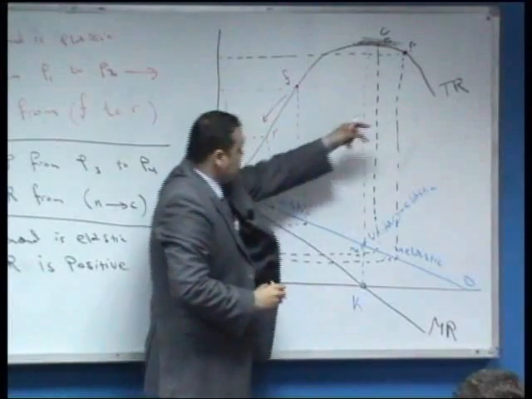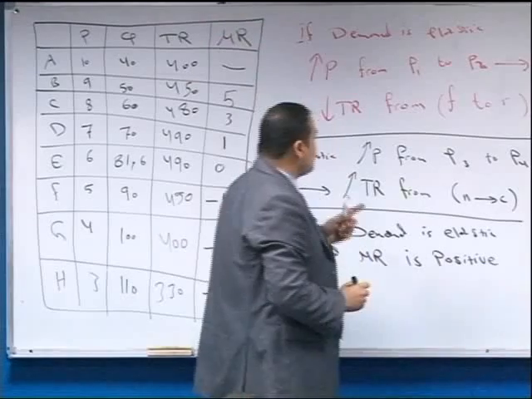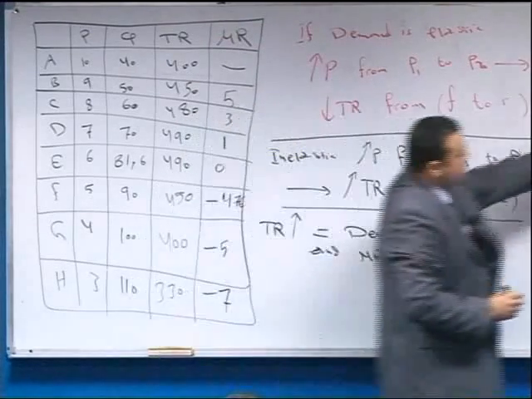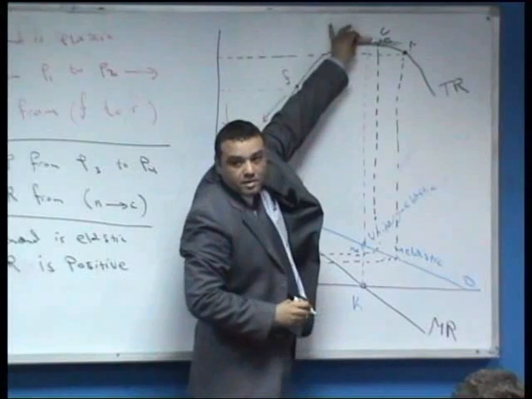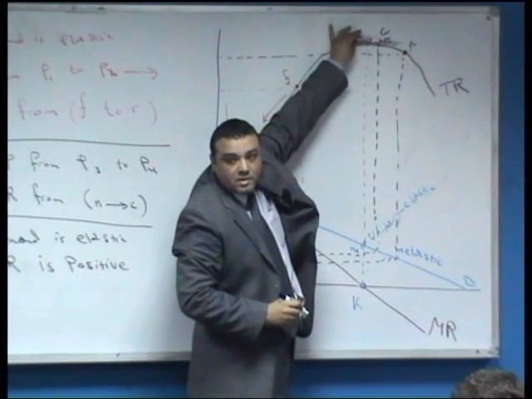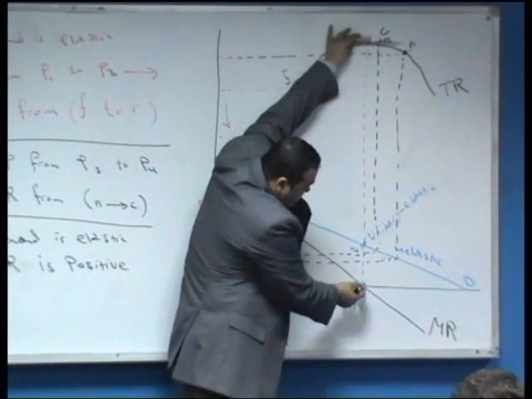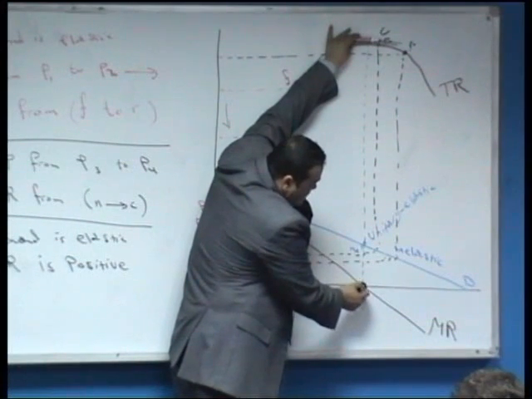In the second stage, when the total revenue reaches the peak, or is fixed at the peak, in this case the marginal revenue equals 0.